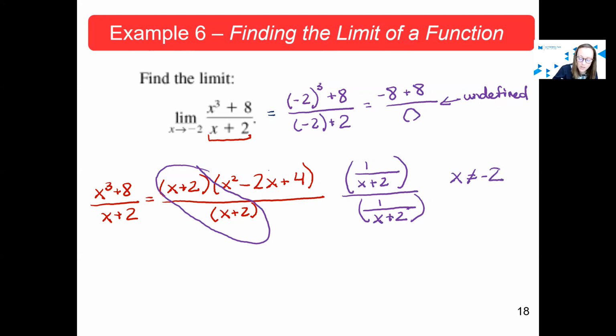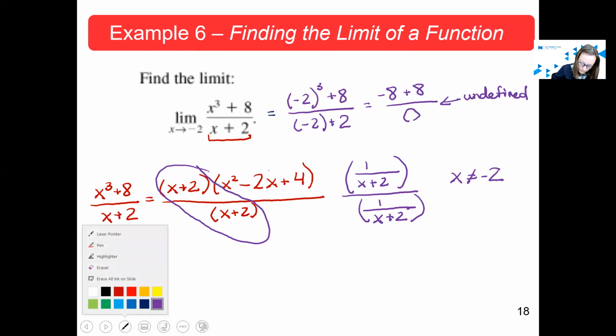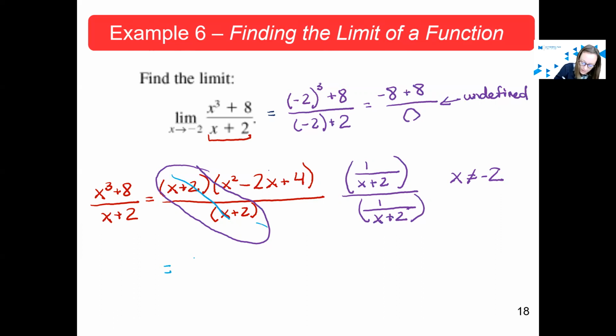Okay, so this function, if we assume x doesn't equal -2, then we can cancel those values out, and we end up with x squared minus 2x plus 4. And so this function we can call g of x.